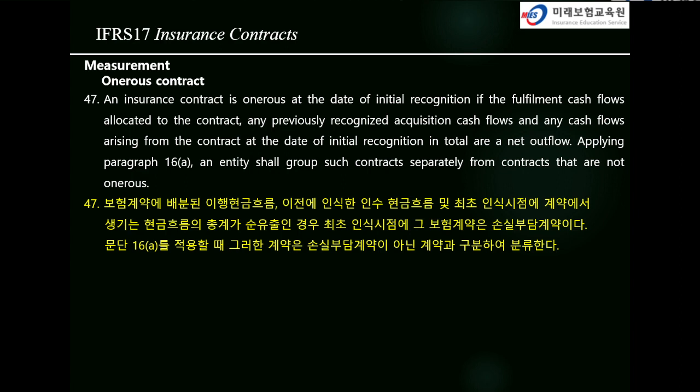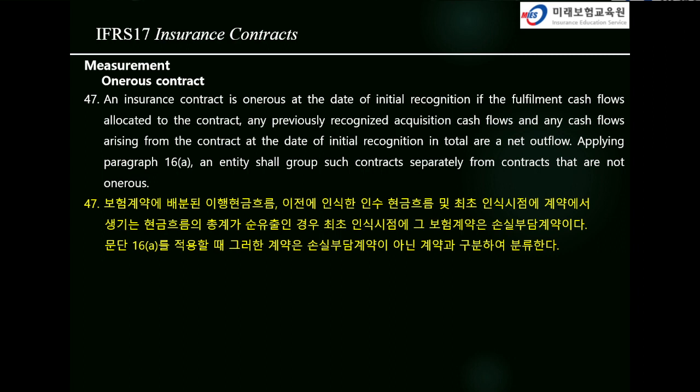And then this time when you look at it and you get a positive number, that is a net outflow, and then you can say, okay, I'm satisfied with this onerous test, and then this set of contracts will be a group of contracts.